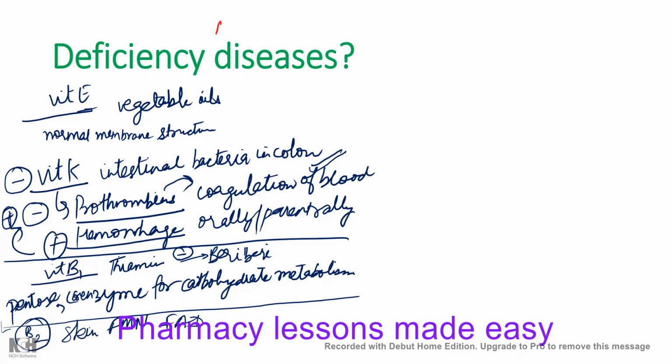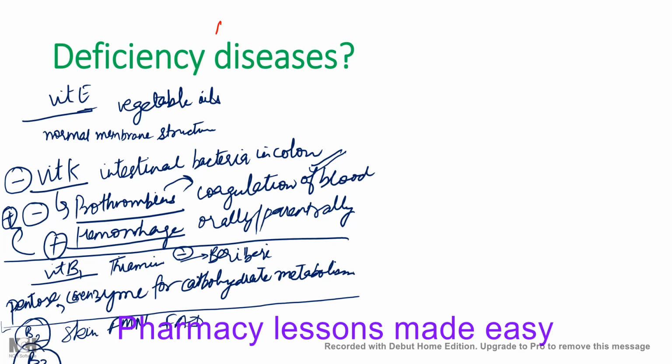Okay, next we talk about the next vitamin, that is vitamin B3, the other name of which is nicotinic acid. Okay, nicotinic acid. It is actually found in yeast, liver, and cereal grains.